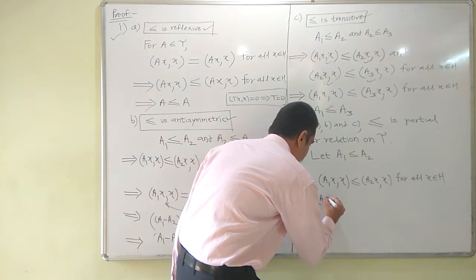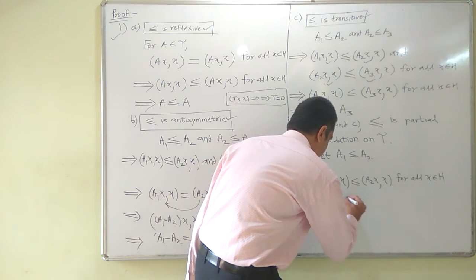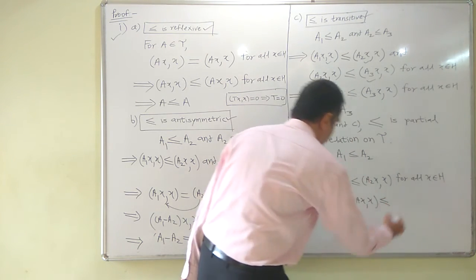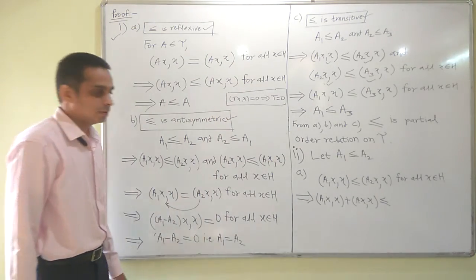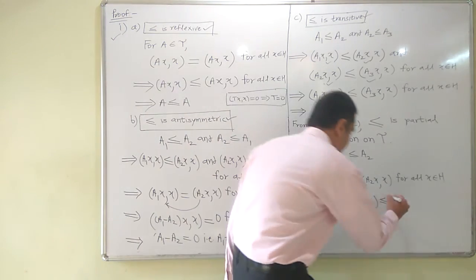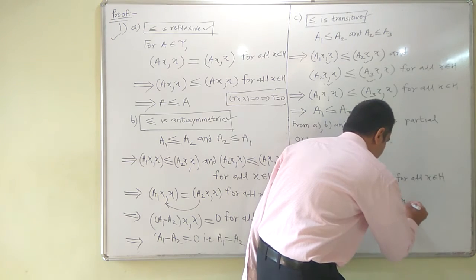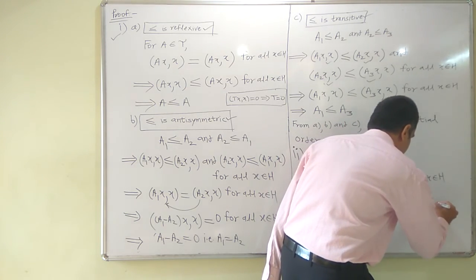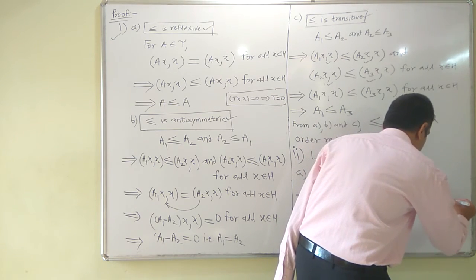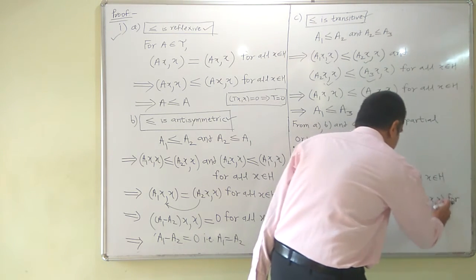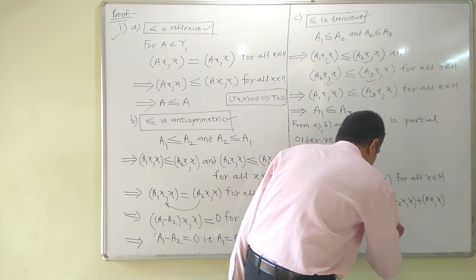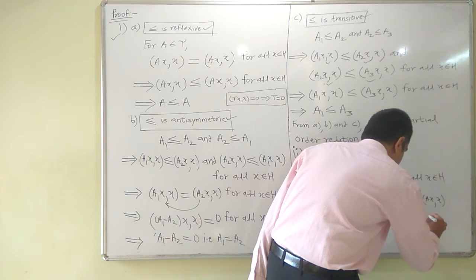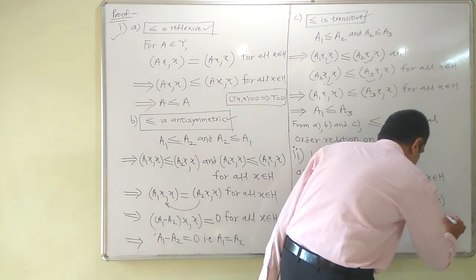So I could write it as the inner product of A1x and x plus the inner product of Ax and x is less equal to the inner product of A2x and x plus the inner product of Ax and x for all A in the collection and x belongs to H.